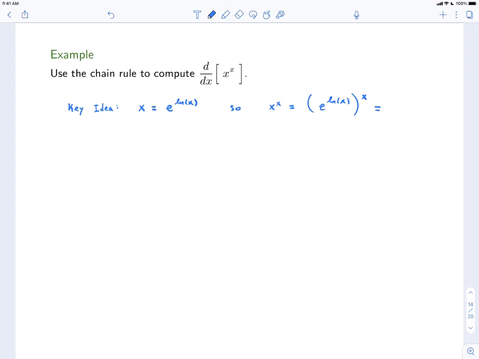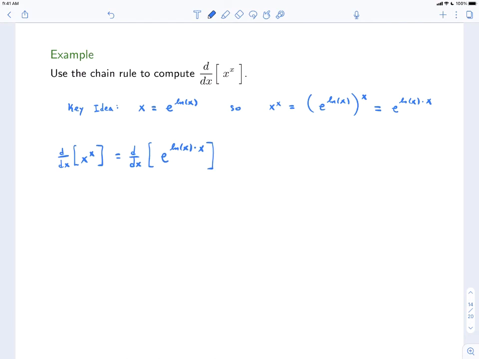But if you have an exponential raised to an exponent, you multiply the exponents together. So it's e to the ln of x times x. And this is the thing that we actually want to differentiate. So the derivative with respect to x of x to the x, we rewrite this as the derivative with respect to x of e to the something, like so.